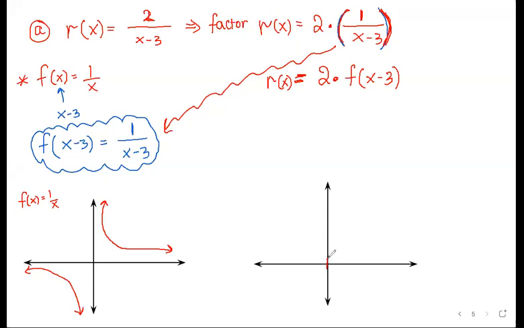So this point here, we have to shift it 3 units to the right, is 0. So here 1, 2, 3. It's become here. So this line becomes like here, and this line becomes here.